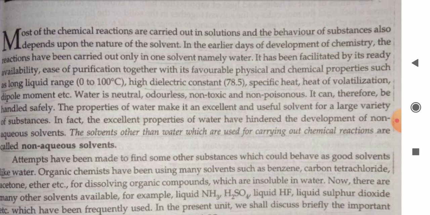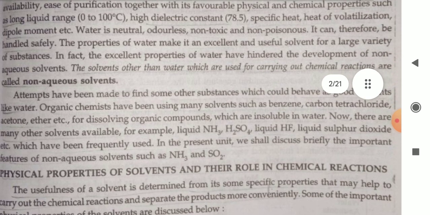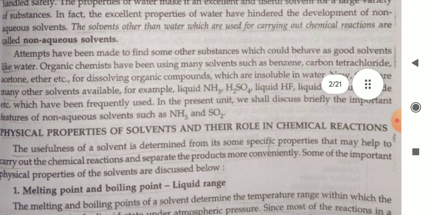Attempts have been made to find some other solvents which could behave as good solvents like water. Organic chemistry has been using many solvents such as benzene, carbon tetrachloride, acetone, ether for dissolving organic compounds which are insoluble in water. Now, there are many other solvents available.